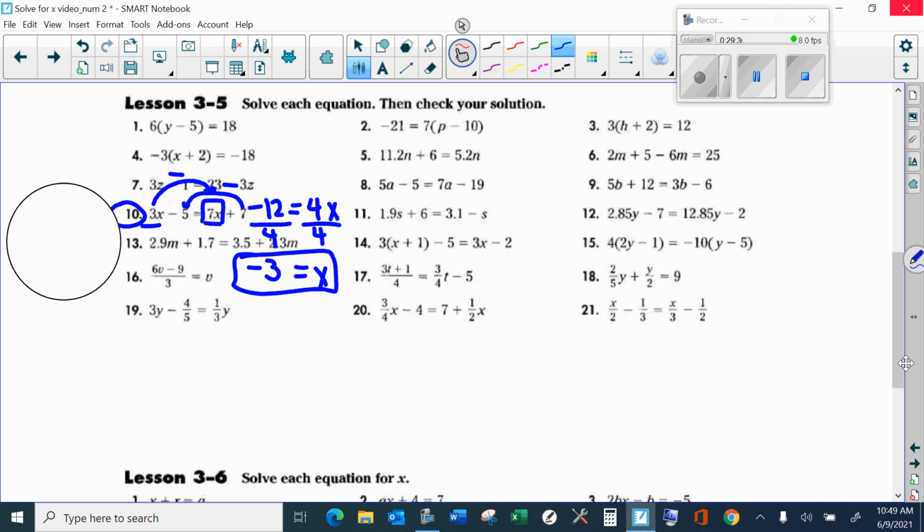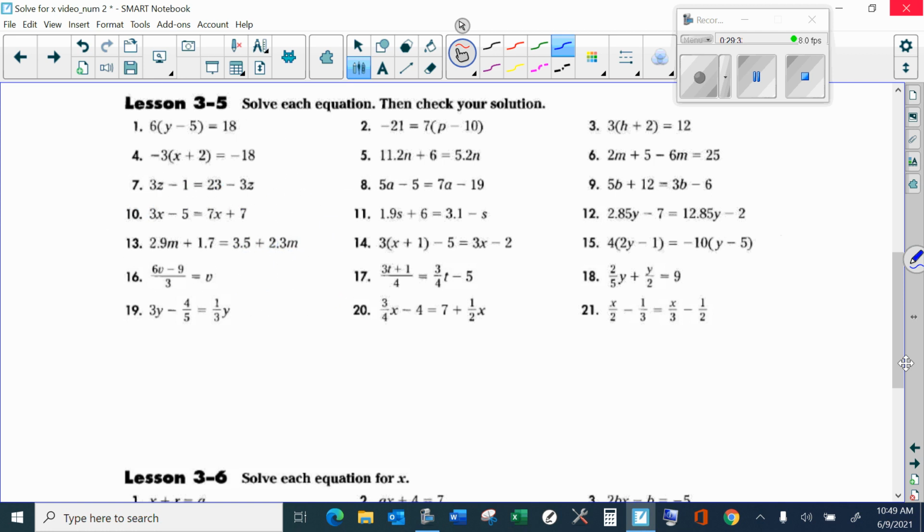Okay. Number 11, we have to deal with decimals. I have 1 decimal place to the right, so I'm going to multiply everything by 10, all the terms, the entire equation by 10. So now I have 19s plus 60 equals 31 minus 10s. Now no decimals. Now I ask myself again about the variables next. 19s and negative 10s, which one's smaller? Negative 10 is. So I'm moving the negative 10 across.